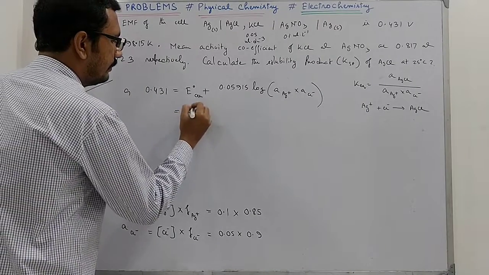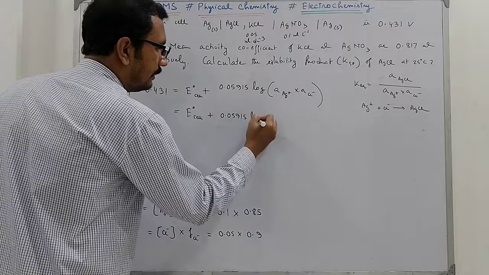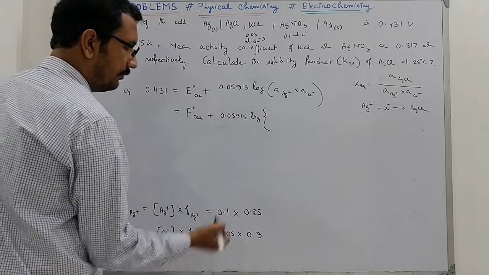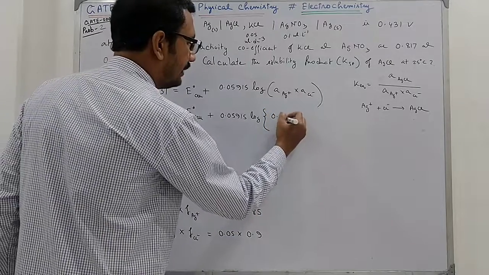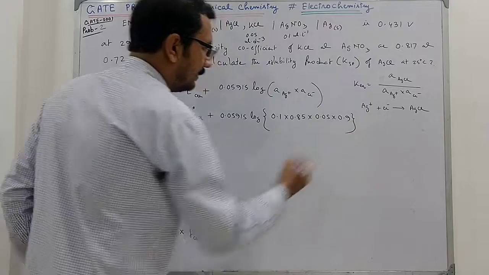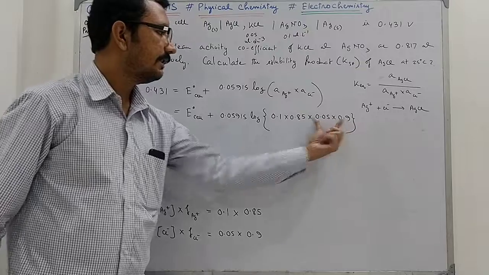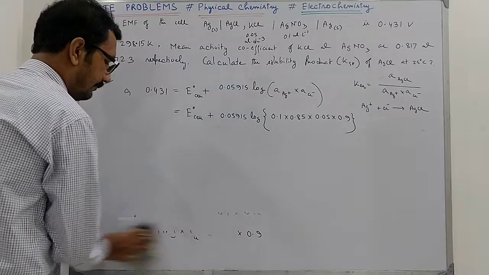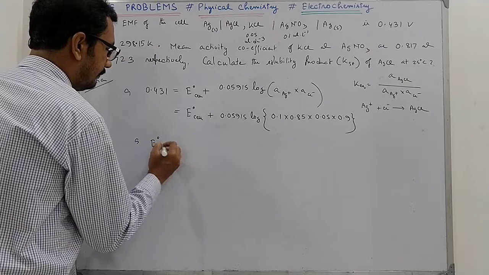Now this is E0 cell plus 0.05915 into log. You put all the values: 0.1 into 0.85 into 0.05 into 0.9. This is the value of the activity of Ag plus and this is the value of the activity of Cl minus. From this we can determine the value of E0 cell. So let us find what E0 cell equals.